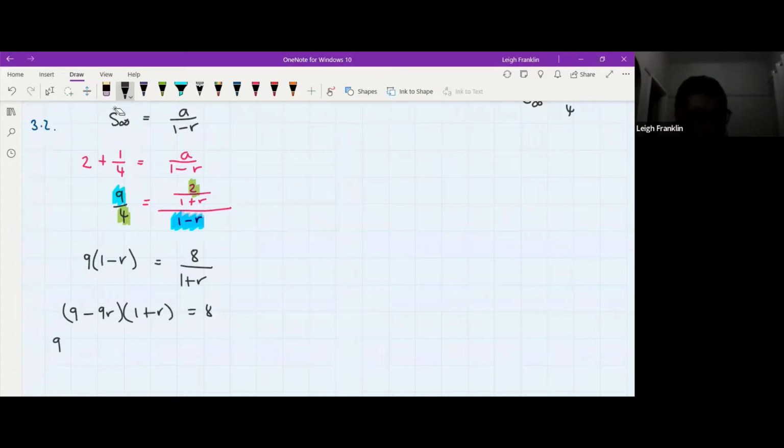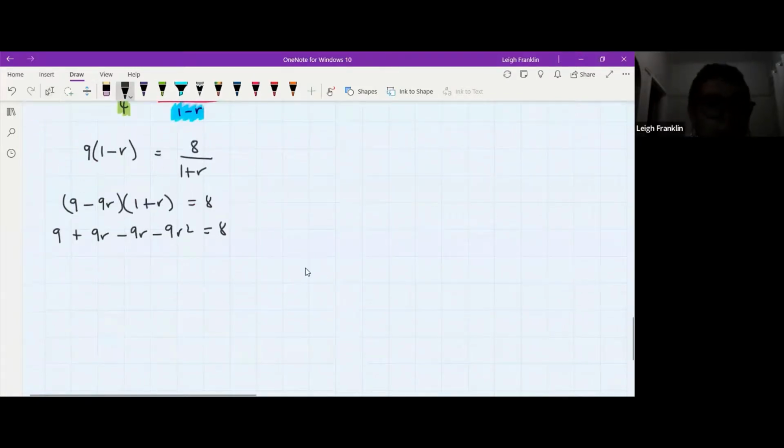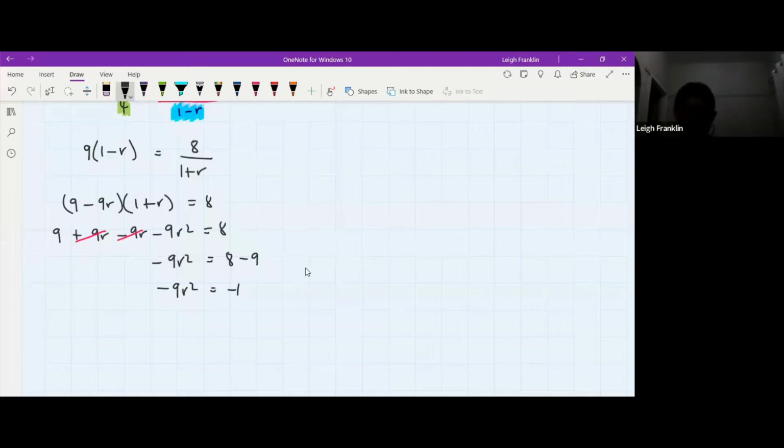That gives us 9 plus 9r minus 9r minus 9r squared is equal to 8. Now that plus 9r minus 9r is going to add up to 0. And we've got minus 9r squared is equal to 8 minus 9. So that means that minus 9r squared will be equal to -1.